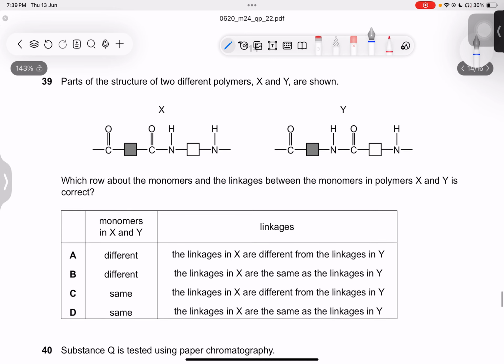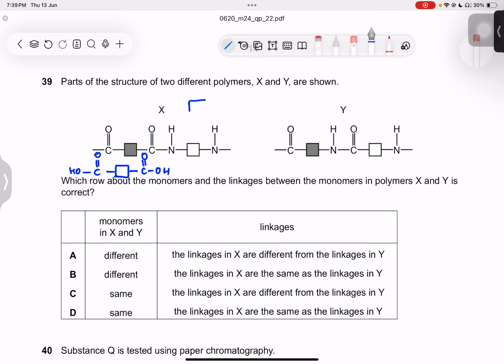Parts of the structure of two different polymers X and Y are shown, which row about the monomers and the linkages between the monomers in polymers X and Y is correct. Okay, so if we look at the monomer, we have the carbon chain and acid group on one side and acid group on the other side.